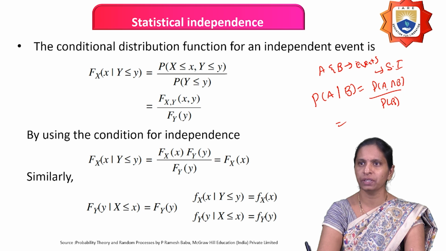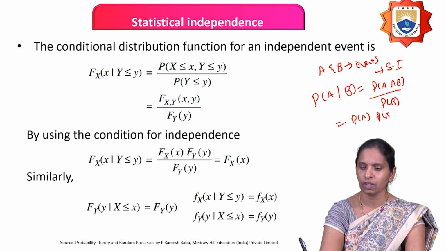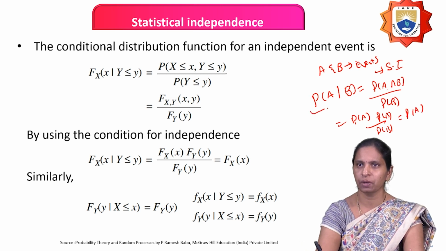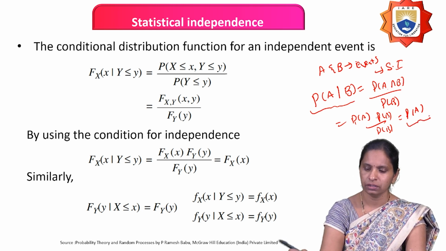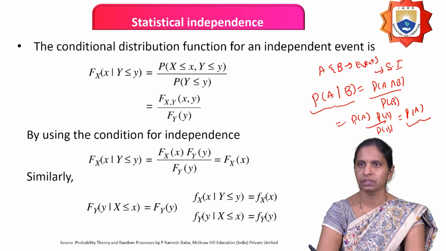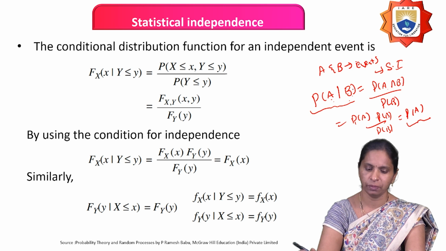The probability of the intersection of two events is equal to the product of the probabilities of the two events. Therefore, what do you get here? P of A into P of B by P of B, that equals P of A. Therefore, the conditional probability of the event A given the condition B equals the probability of the event A only, if and only if the two events A and B are statistically independent events.